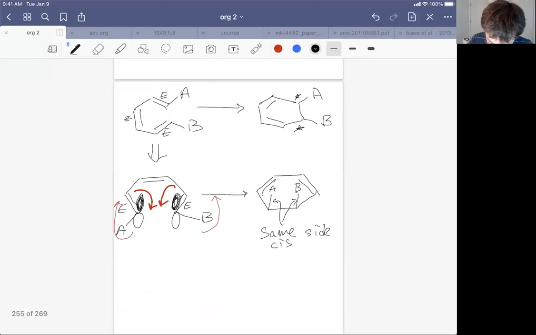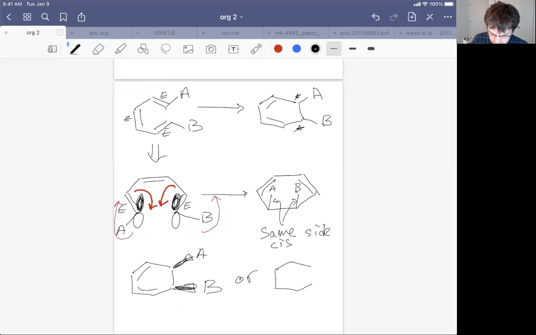So the outcome that we get is A up and B up. Or the enantiomer, because maybe you're like, wait, how did he roll that in so he got the both of them being up? Or you could have the enantiomer where A and B are both down.